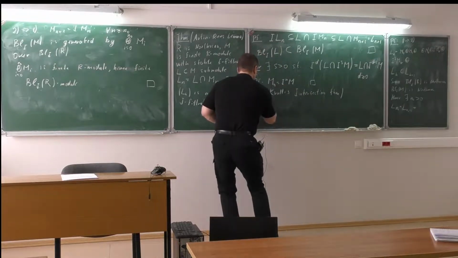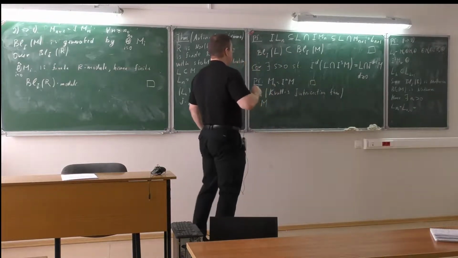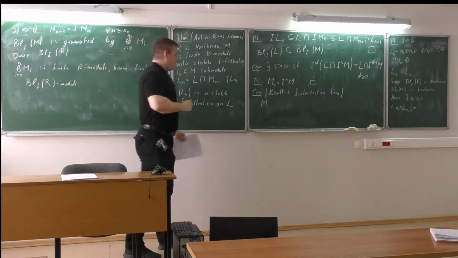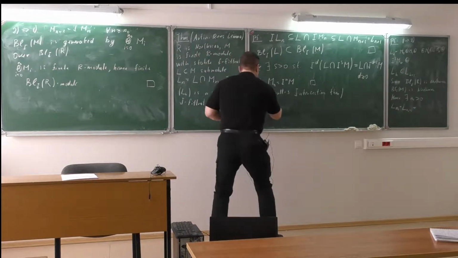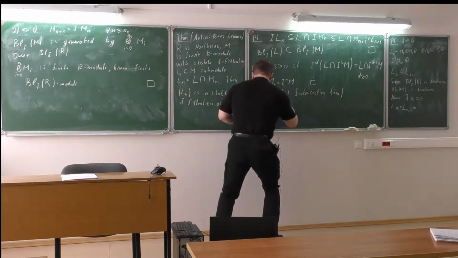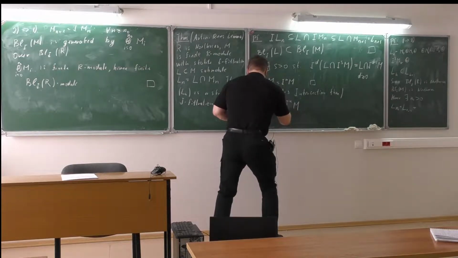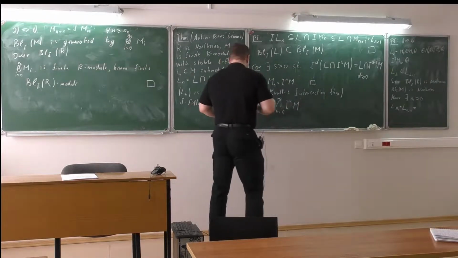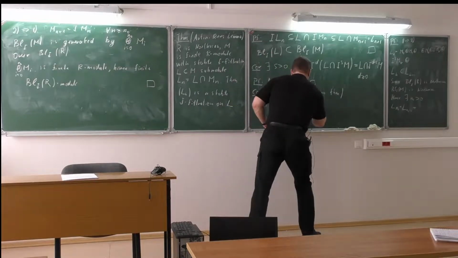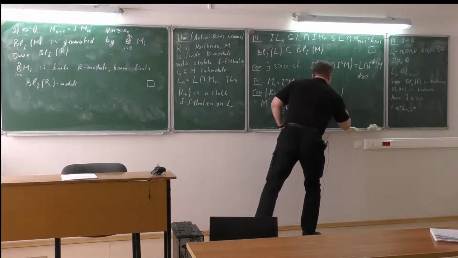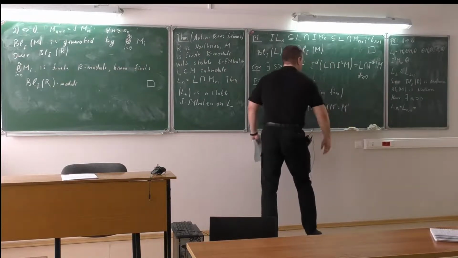As usual, we have the same assumptions: R is Noetherian, M is finite, and then you set M prime to be the intersection of the I^n M, for n between 0 and infinity. Then I M prime is equal to M prime.